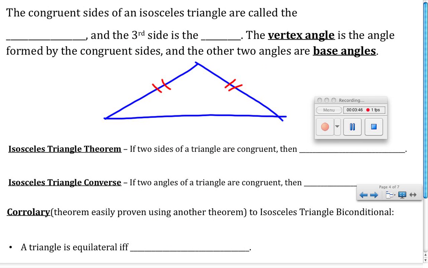In this isosceles triangle, you'll see where I have marked my two congruent sides. I call them the legs of the isosceles triangle. This is a leg, and this is the other leg. The congruent sides are called the legs, and the third side is called the base.